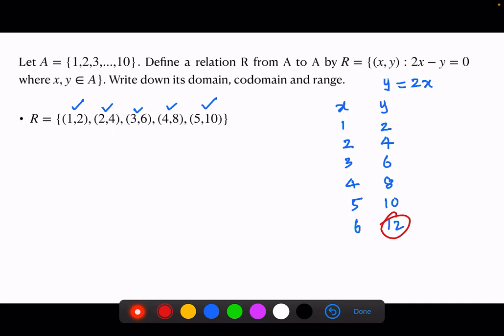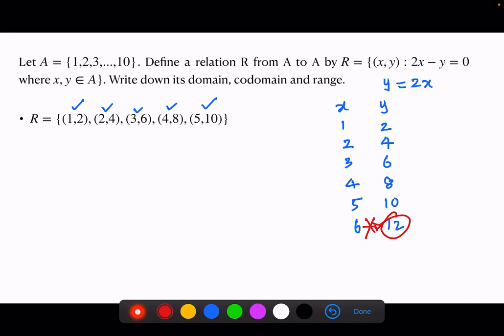So I cannot have a connection from 6 to any number. That is why you don't have an ordered pair with first element 6. Similarly, you cannot have an ordered pair with first element starting from, let's say, 7, 8, and so on.